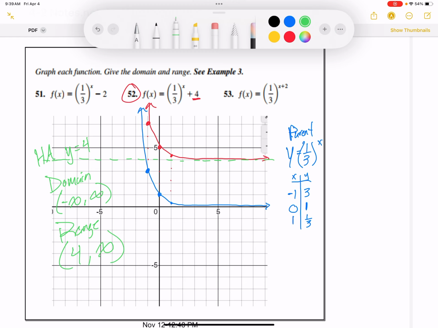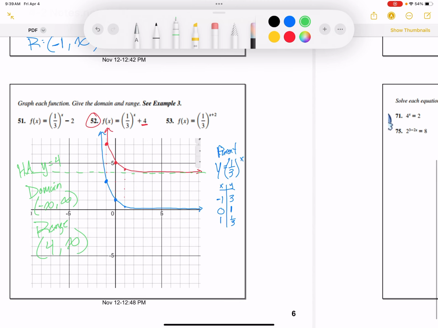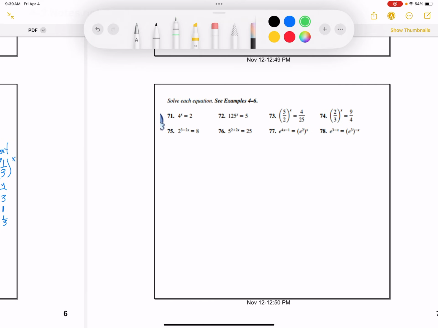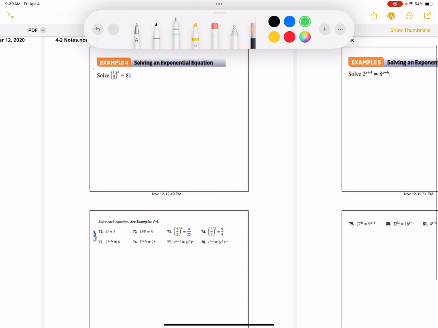So the shift up and down affects our horizontal asymptote. A horizontal line goes left and right forever, so if you shift it to the left, does it change anything? Nope. It's already to the left and to the right forever. So if I move it to the left or to the right, it doesn't really change anything.